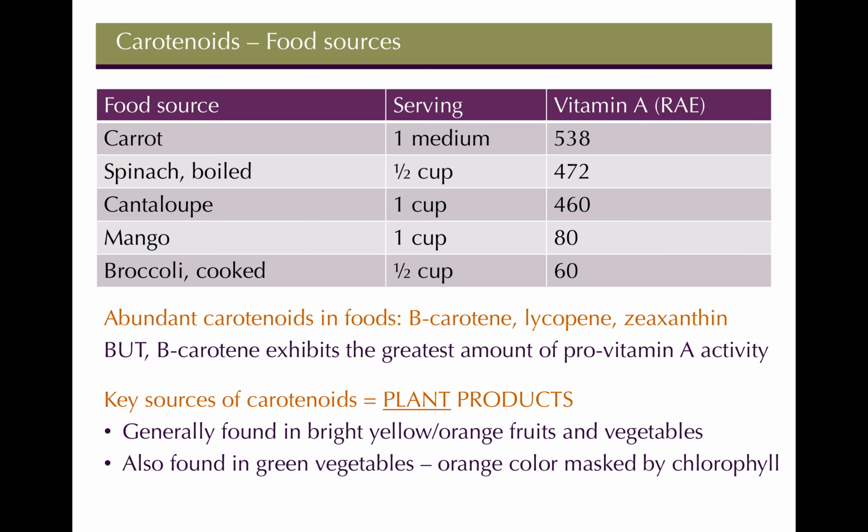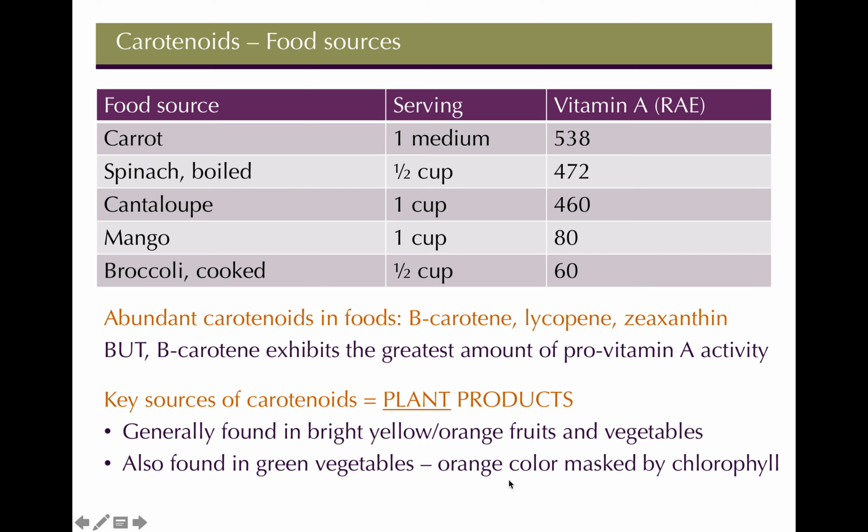So, food sources of the carotenoids in particular. Now moving on to that totally different group of compounds again. Basically, for that one, it's all plant products. You're going to find it in a whole variety of fruits and vegetables, particularly ones that are bright yellow and orange. Carotenoids are also found in green vegetables.